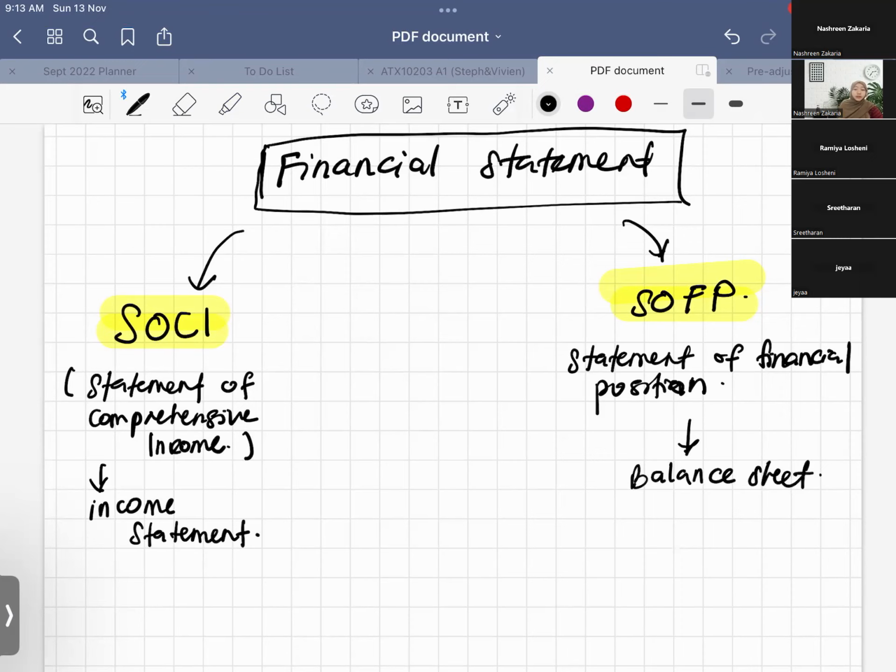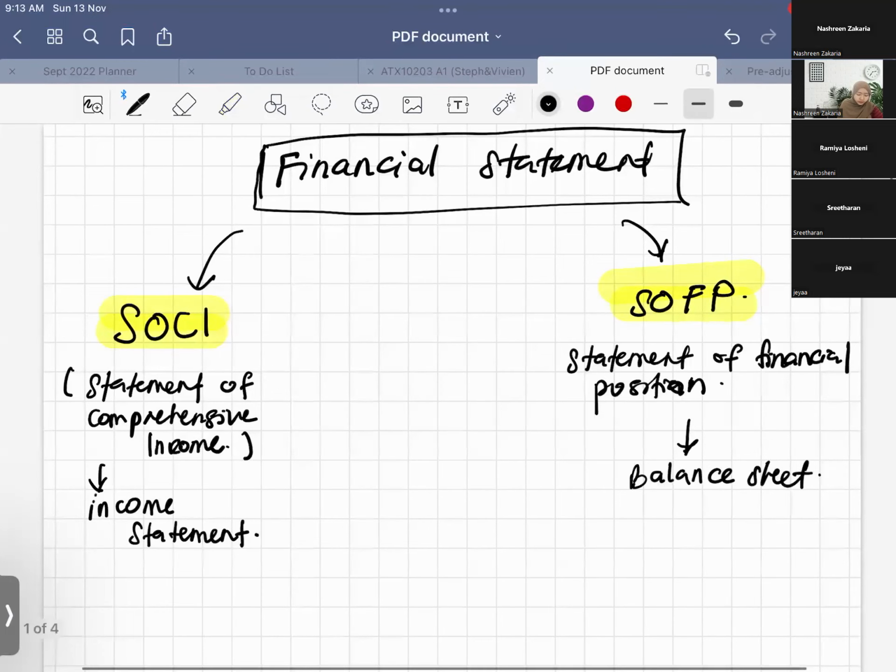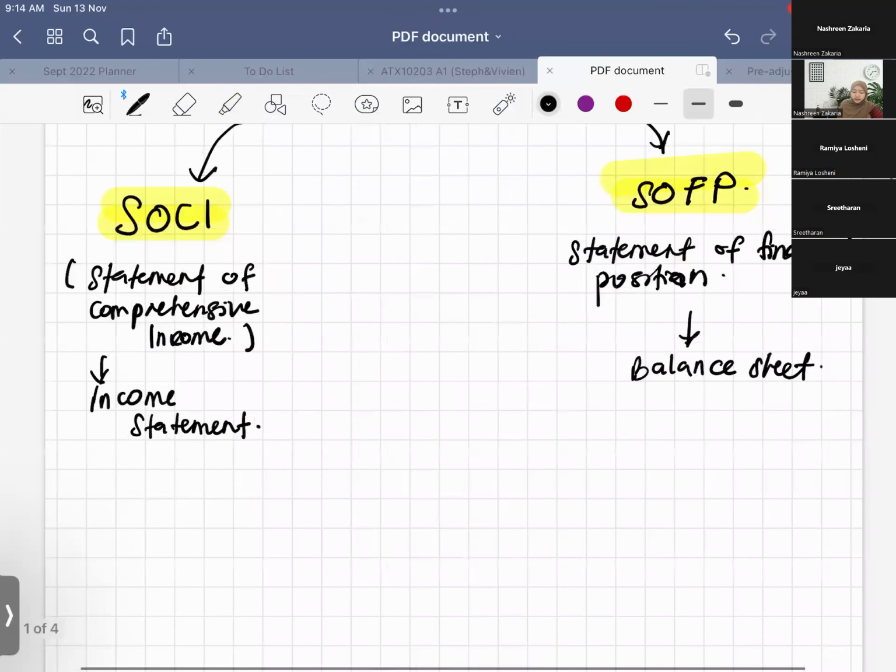Or if you learned this account in SPM, SOFP is actually kunci kira-kira. SOCI is actually akaun perdagangan untung rugi, if I'm not mistaken, itu yang dia panggil. So this is what we will learn today, SOCI and SOFP.